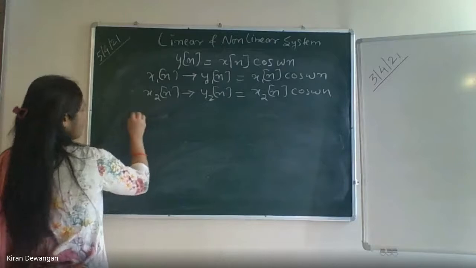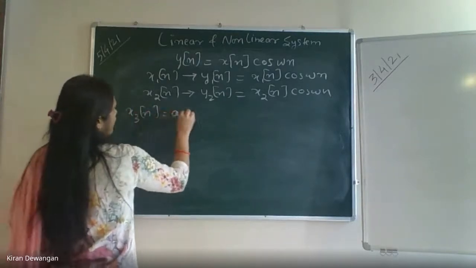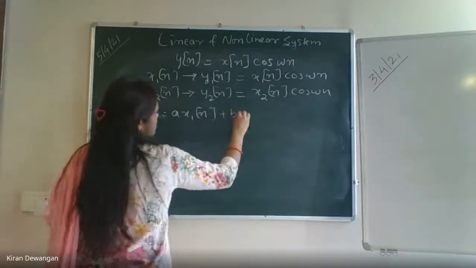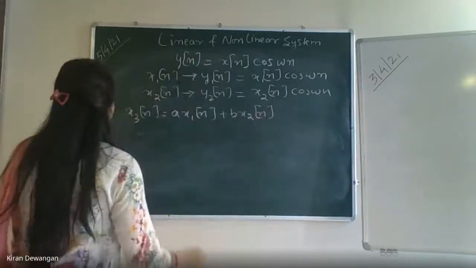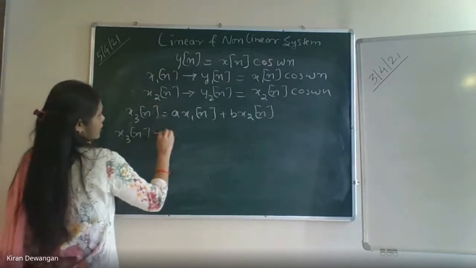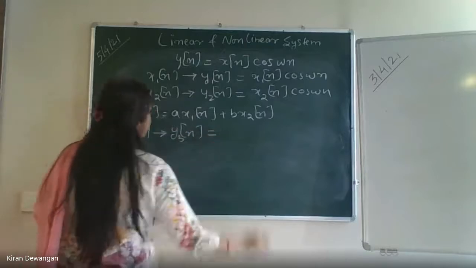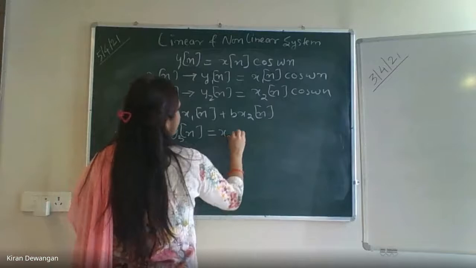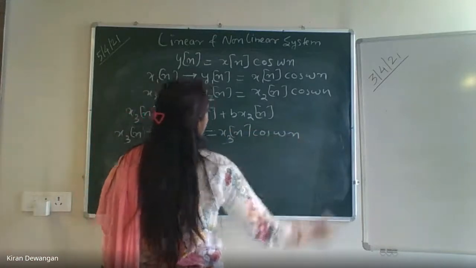Now if I am having input x3n, which is a x1n plus b x2n, then if I apply the input x3n, the output will be y3n, and it is going to be x3n cos omega n.